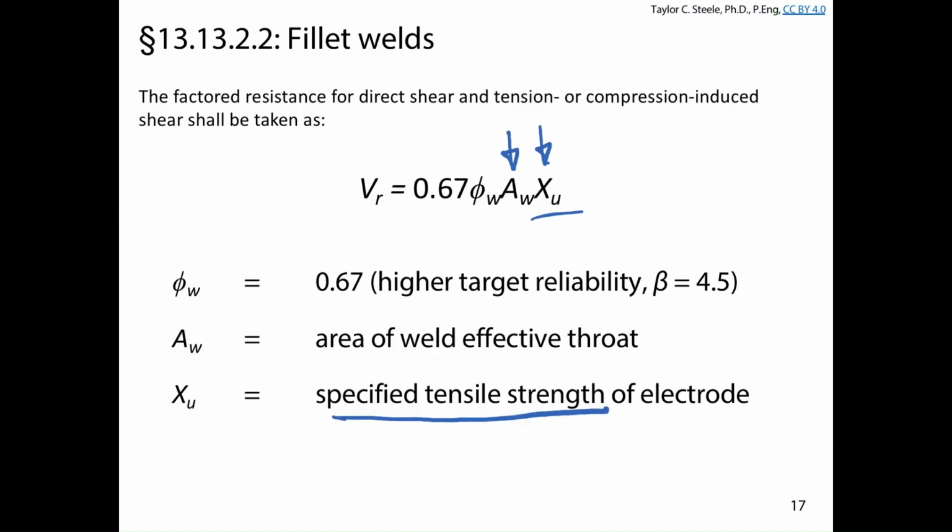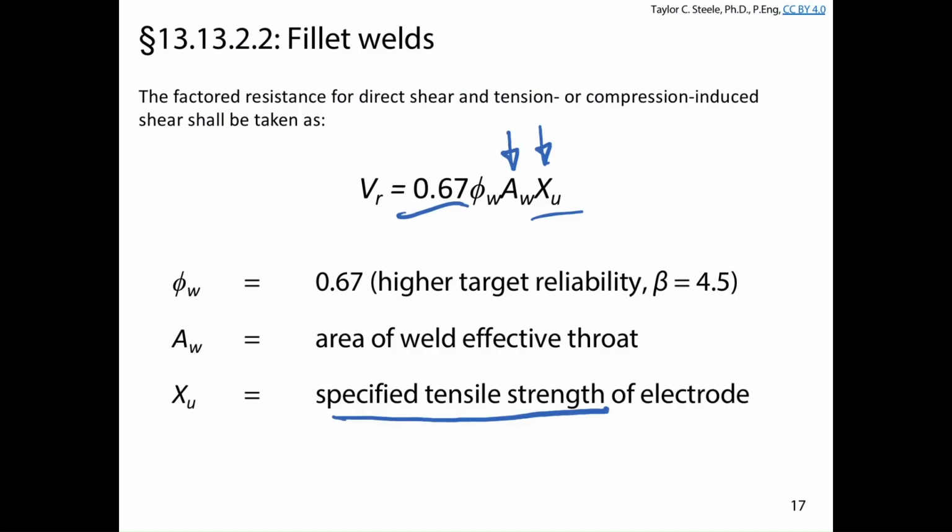They found, generally speaking, that, I don't know why, but due to the metallurgy or whatever's going on with welds in shear, 0.67 is actually a better conversion from the tensile strength to the weld shear strength. And so really, we're taking the area of the weld and multiplying that by 0.67 Xu, which is the ultimate shear strength of the weld metal.